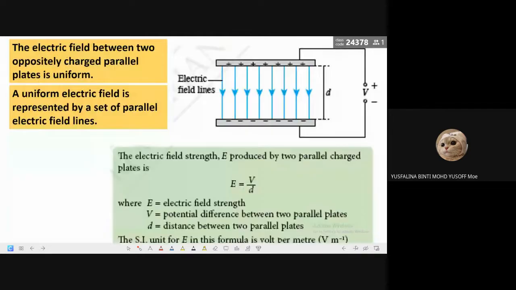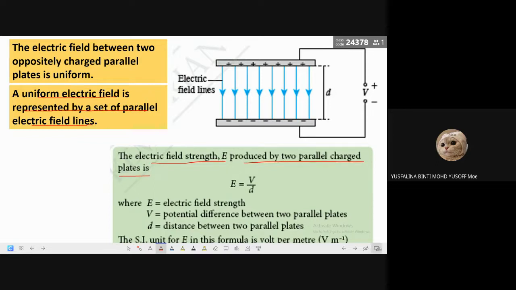Okay, the electric field between two oppositely charged parallel plates is uniform. A uniform electric field is represented by a set of parallel electric field lines. You can see here the lines are uniform, right? So the electric field strength E produced by two parallel charged plates.